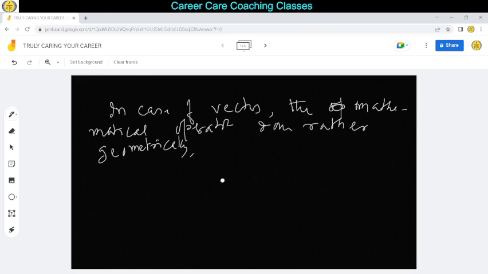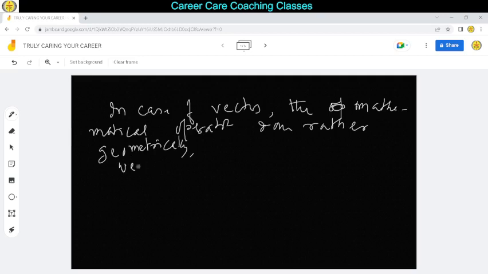So when we make addition of two or more vectors, or subtraction of two or more vectors from each other, we proceed geometrically. There are two methods for vector addition. Geometrically you do it in two ways, one graphically, secondly analytically.